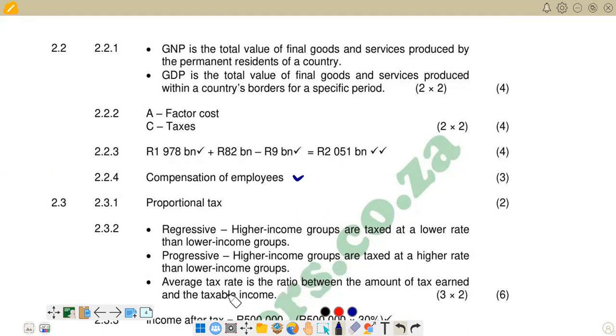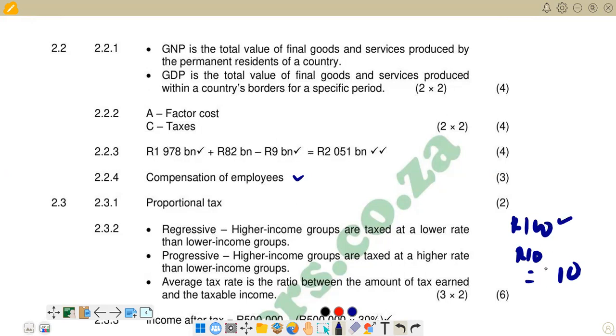And then we go to the last one, which is saying average tax rate is the ratio. This is just a calculation in terms of the amount of tax and the taxable income. For example, a person is earning 100 rands, and is charged 10 rand as tax. So the average tax rate becomes the tax amount over the taxable income.